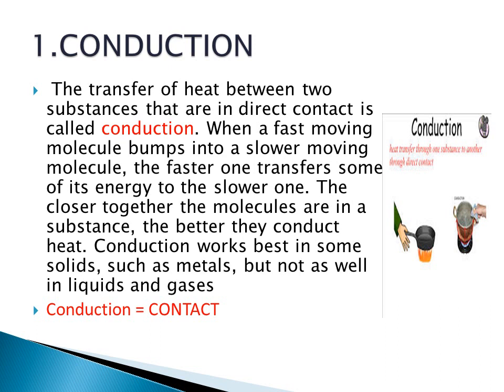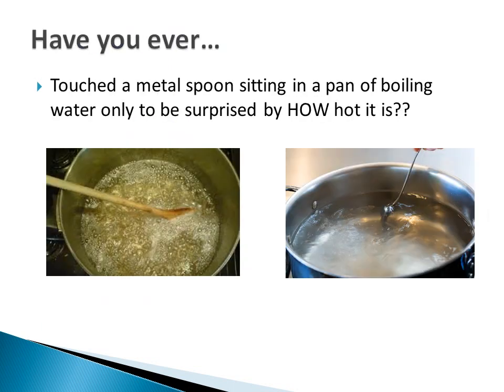The closer together the molecules are in the substance, the better they conduct heat. So conduction works best in solids such as metal, but not as well in liquids and gases. Conduction means direct contact. When two substances are in direct contact, heat is transferred by conduction.